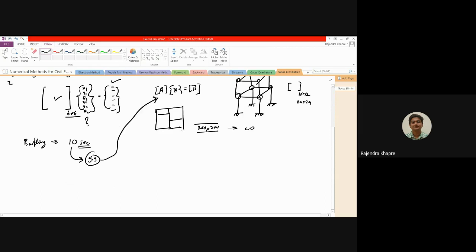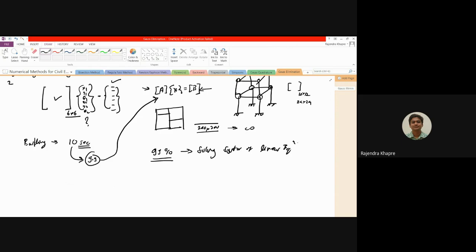Otherwise, to generate these equations and this force matrix, it takes a very small fraction of a second. So almost 99% of the total time is consumed in solving the system of linear equations.